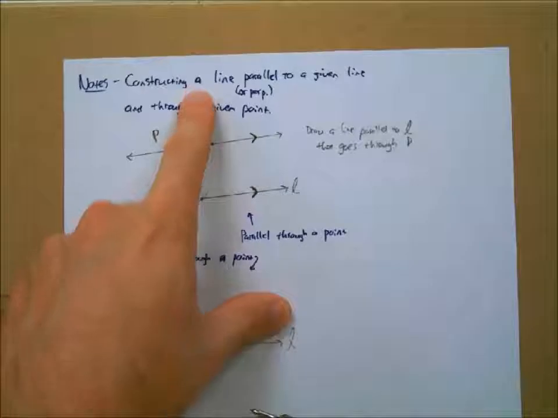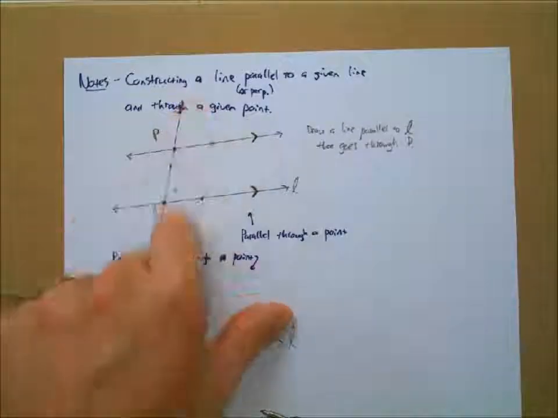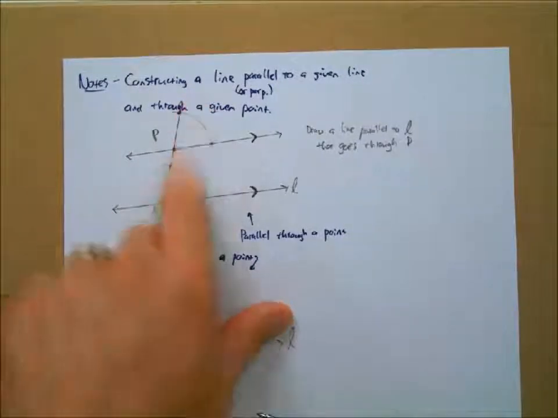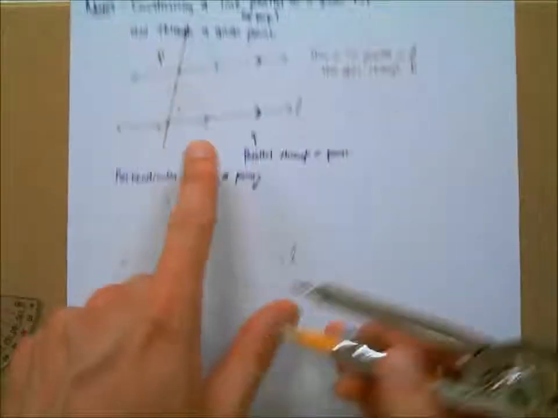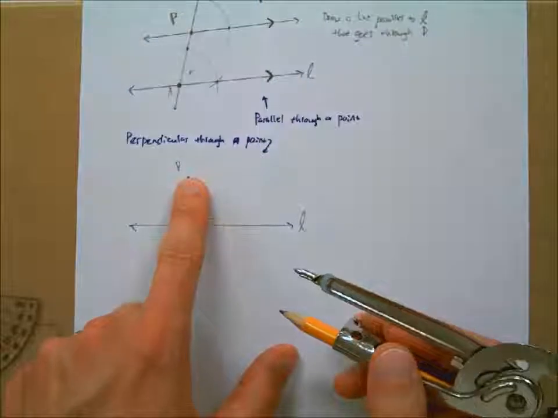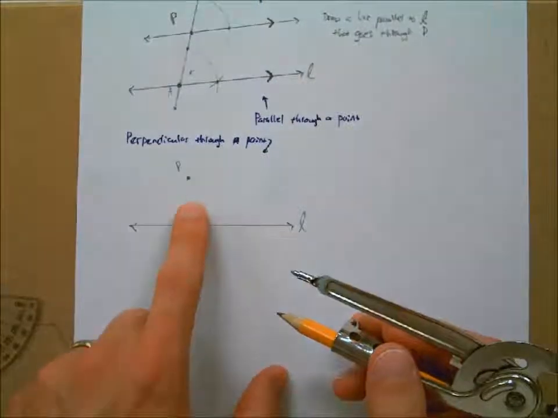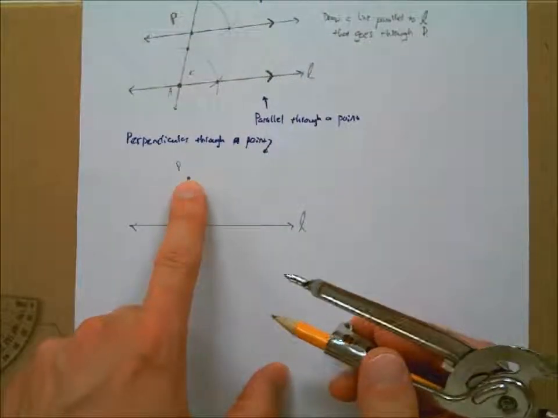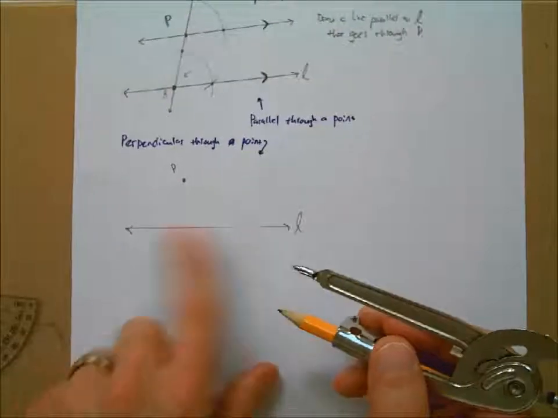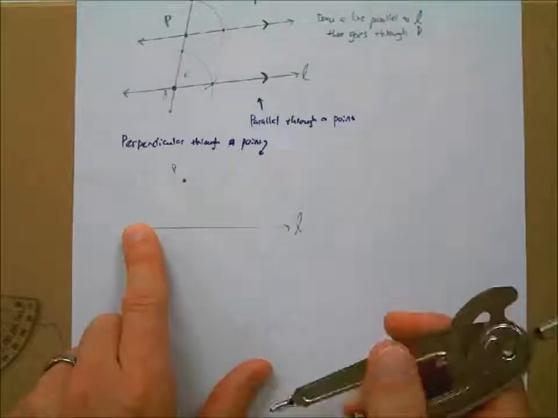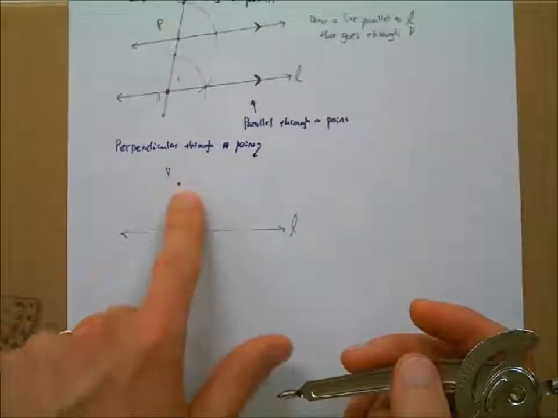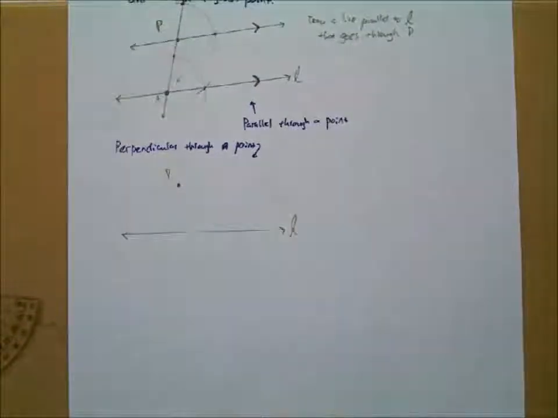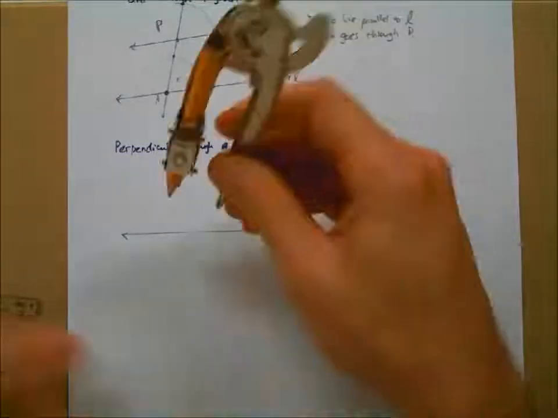Before, our point P was just kind of out in space, and we just connected P to our other line willy-nilly, because we didn't really care about how P connects to L. We wanted a parallel line through P. Here, though, we do care about how P connects to L, because the line that goes through P has to be perpendicular to line L. So I can't just connect P to line L willy-nilly. I need it to be perpendicular to line L.